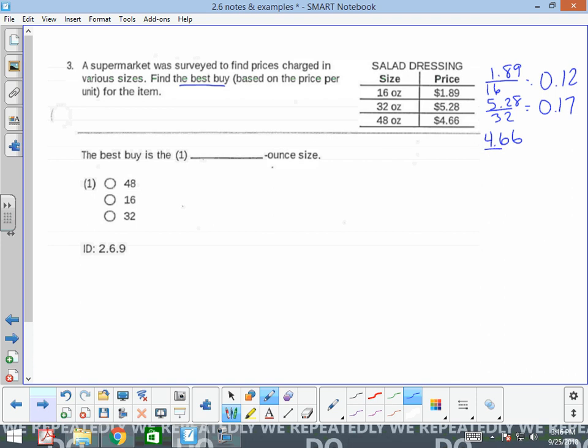Then we're going to divide 4.66 by 48, round to the hundredths, to get 0.10. So the lower price is 0.10. So that means that our Best Buy is the 48-ounce package. Okay, that one is 48.